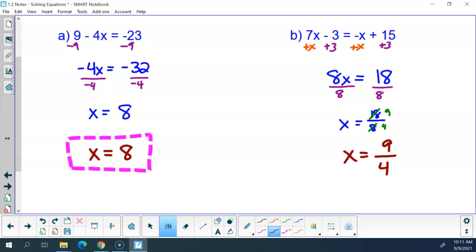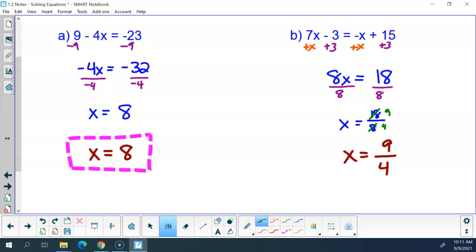We shouldn't be scared of fractions at this point in our academic careers. Fractions are cleaner than decimals. You don't have to worry about rounding. You don't have to say, oh, what decimal place do I need to round to? No, it's a fraction. Number over number, done. Much, much cleaner.